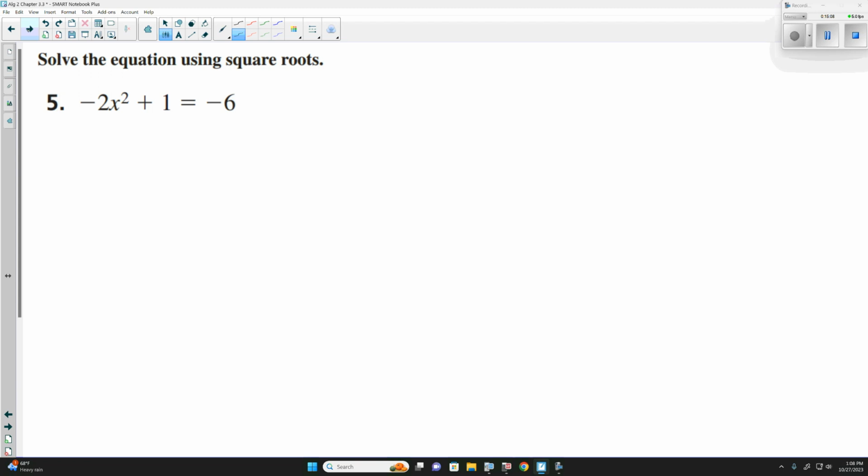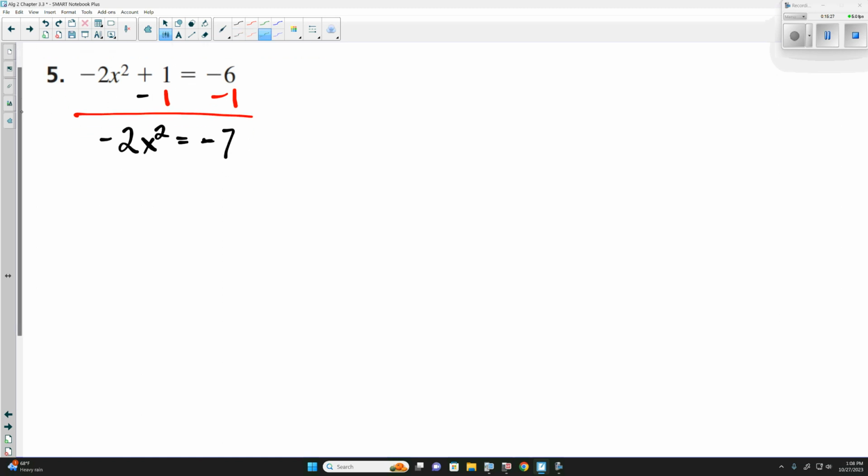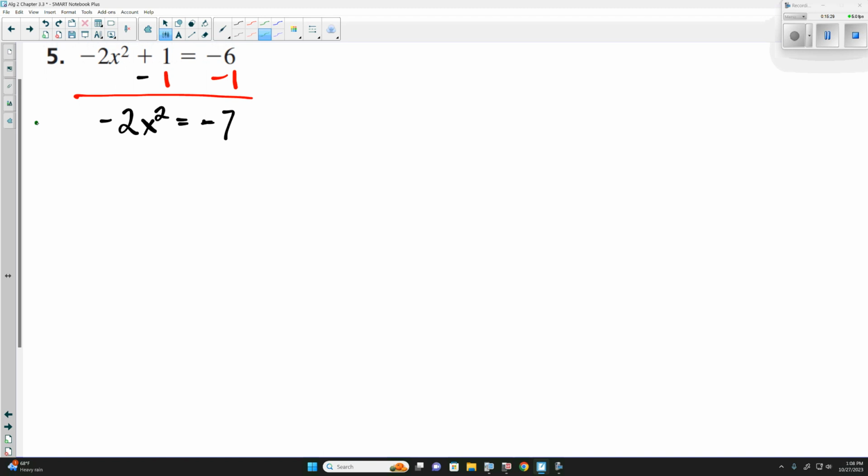Solve the following equation using square roots. We would subtract 1 first. This will tell us that negative 2x squared equals negative 7. And what would we do next?